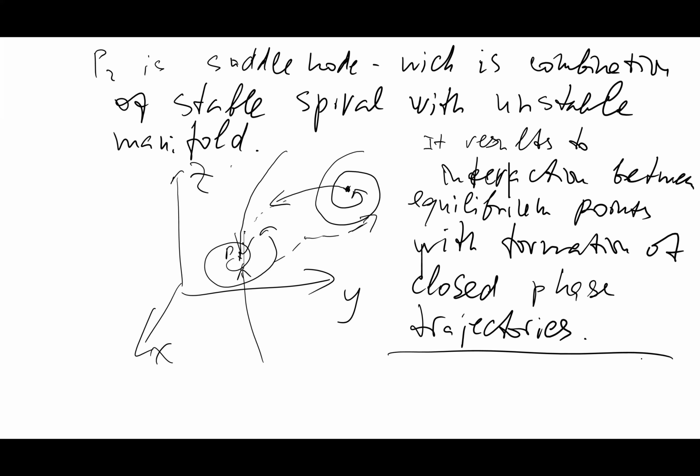So this kind of limit cycle also forms in interesting ways. It forms because of interaction between two equilibria.